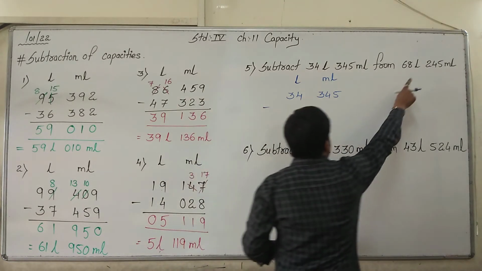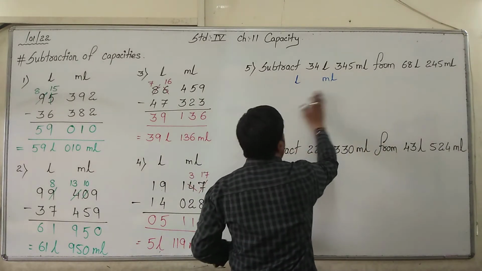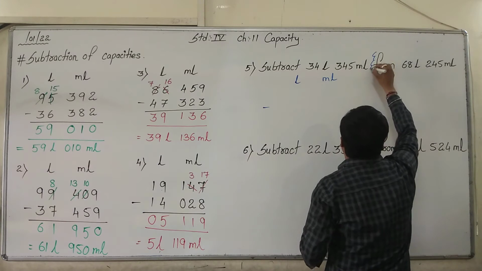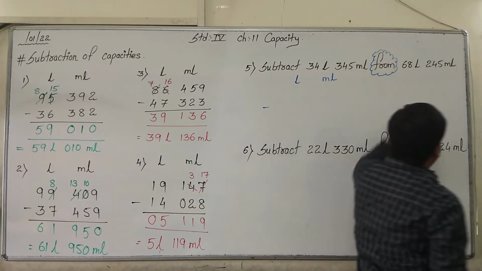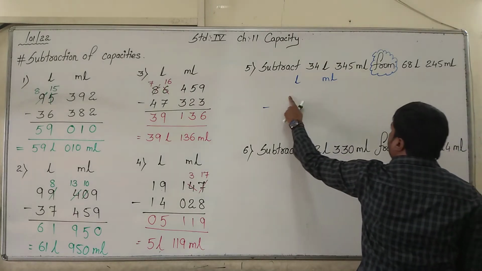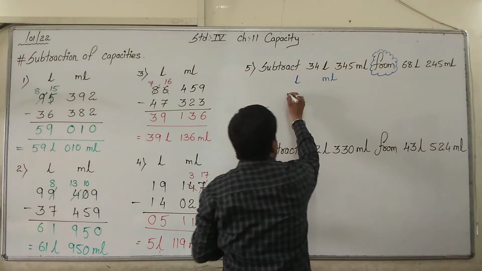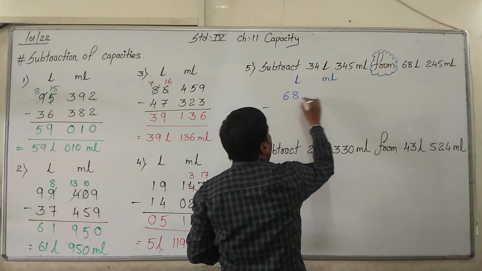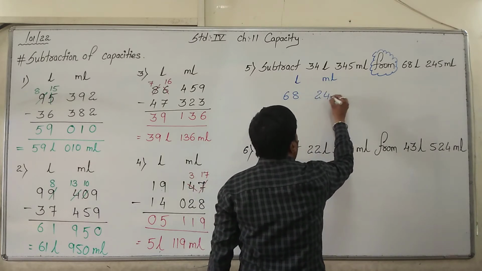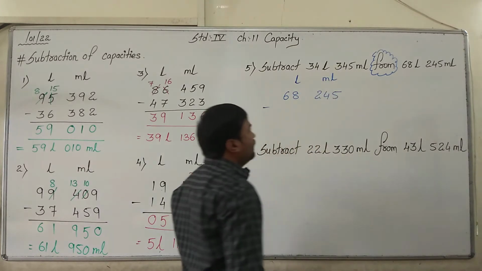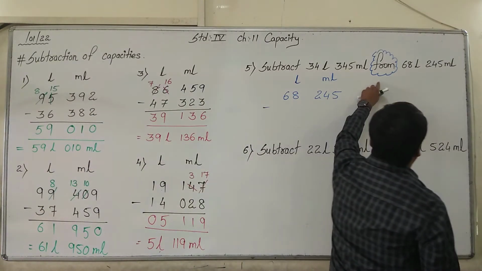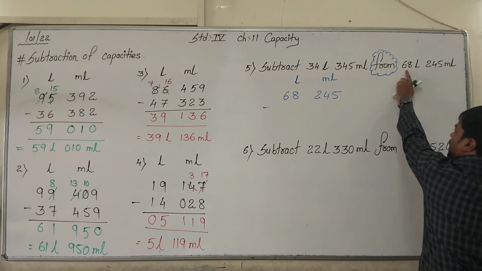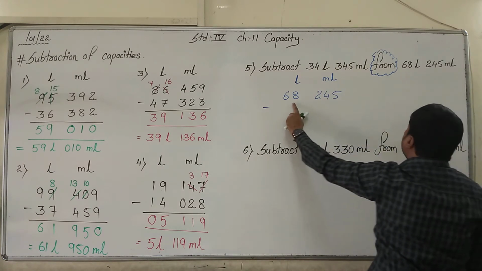Oh sorry, "from" is given to you. Again be careful, "from" is given to you. Whenever "from" appears, the last number will come first, so that will be 68 liters 245 milliliters. Are you getting me? Whenever "from" arises, at that time the backside number must be written first.